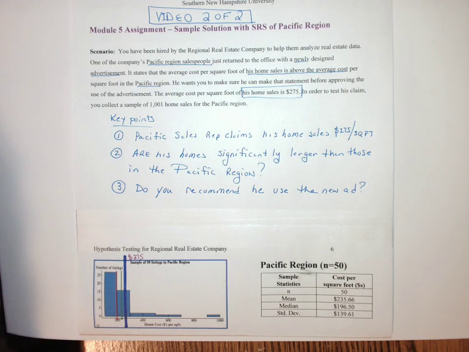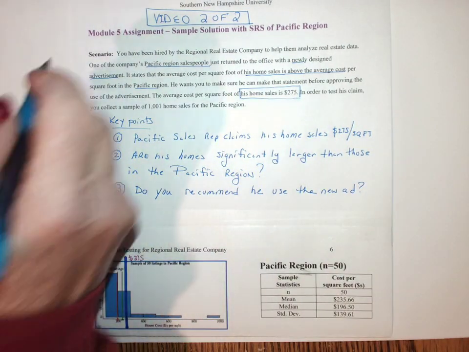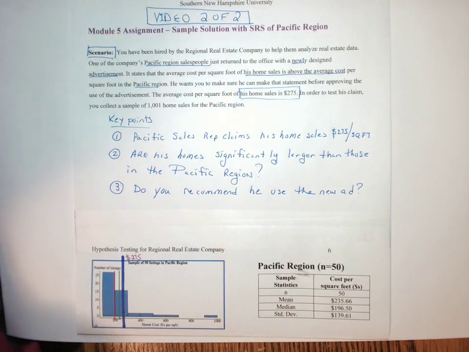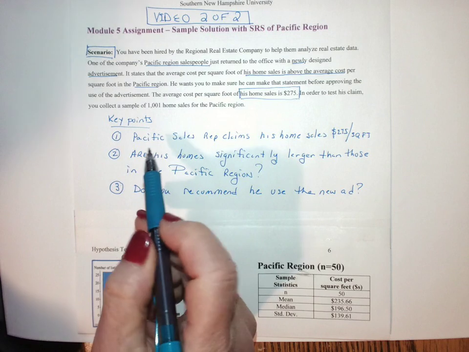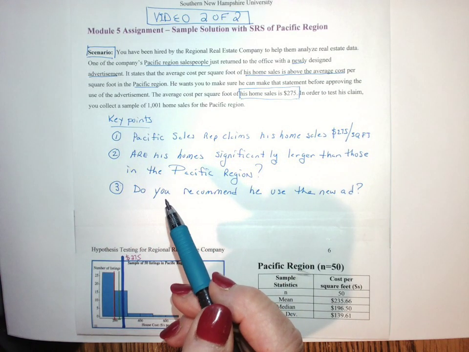I'm going to finish up the video on the Module 5 assignment. I thought we would go back and just refresh your memory about what we did last class. We have this scenario, and from that scenario, there are some key points that we want to discuss in our conclusion.